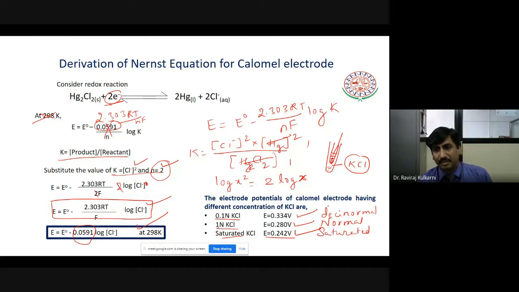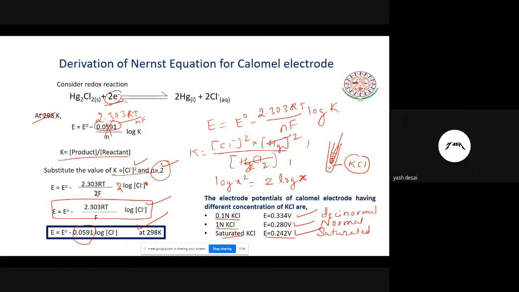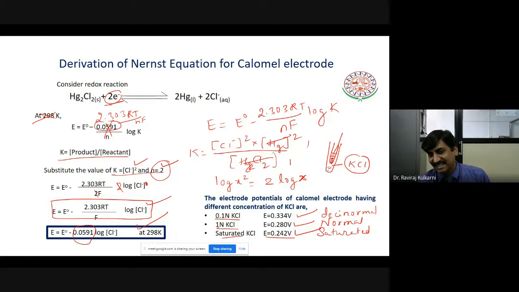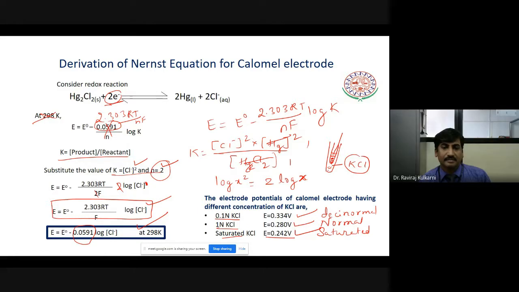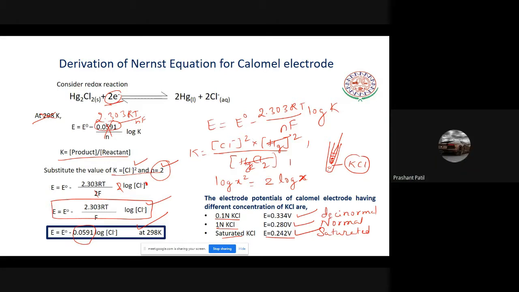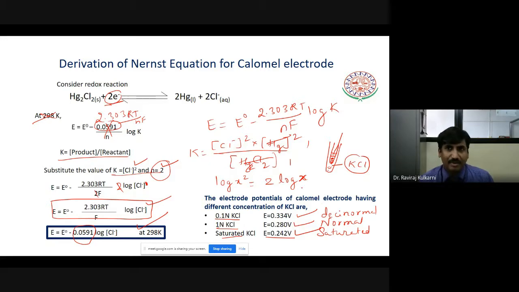So which has the highest concentration of Cl minus ions? The saturated one, definitely, because you take a beaker with water and go on adding KCl until KCl settles at the bottom.